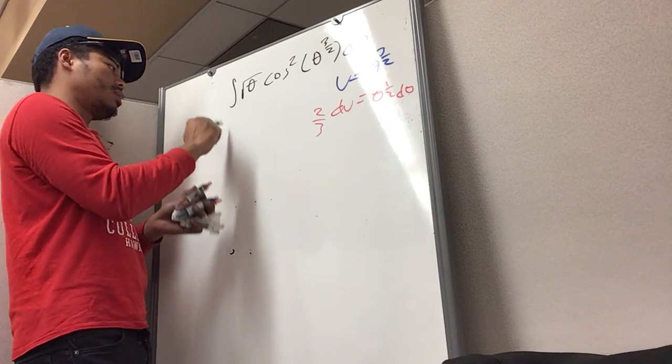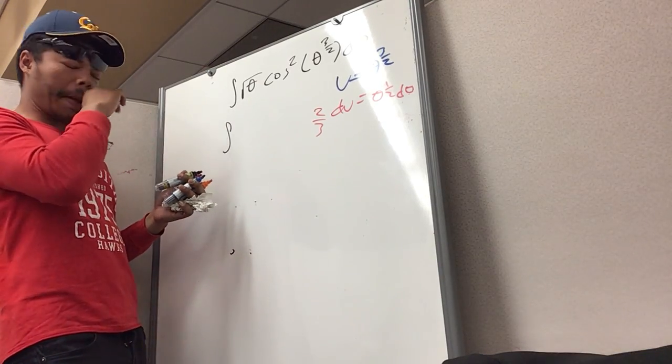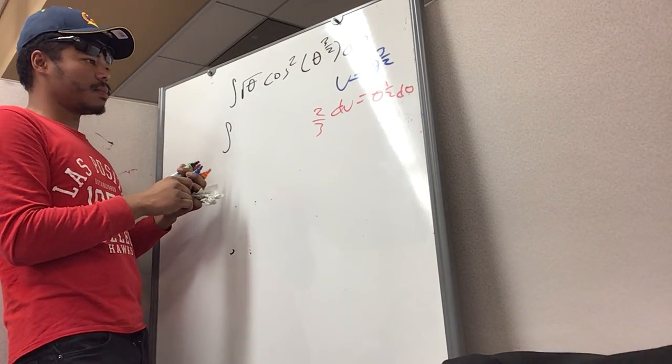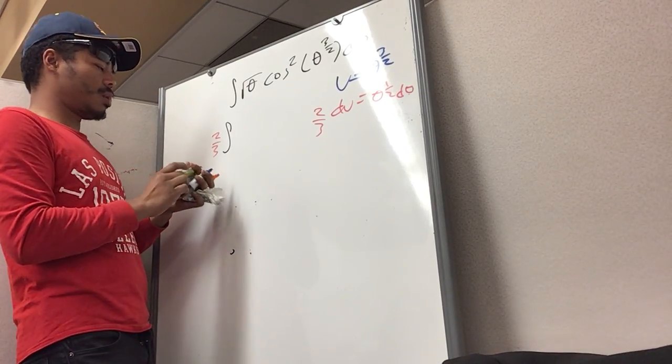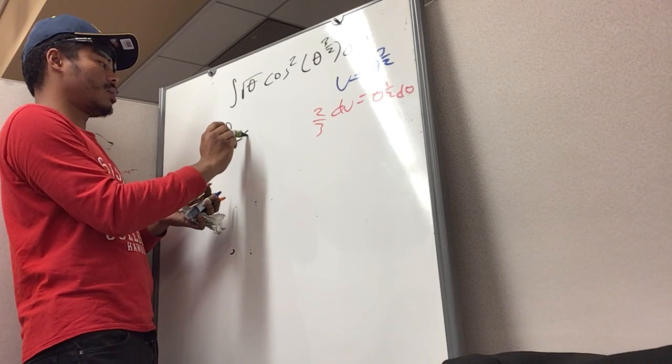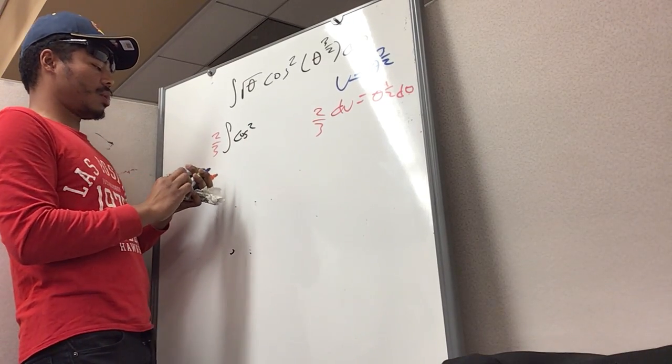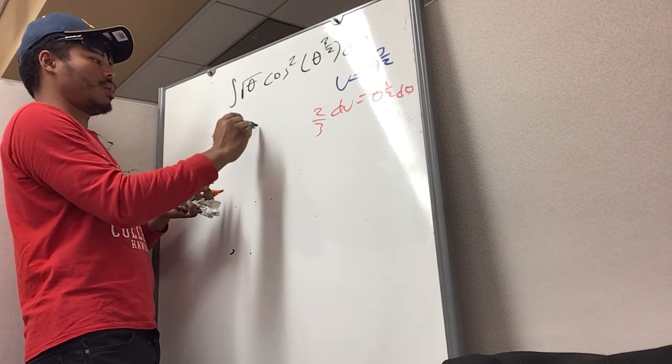So now we have the integral of 2 over 3 cosine squared u du.